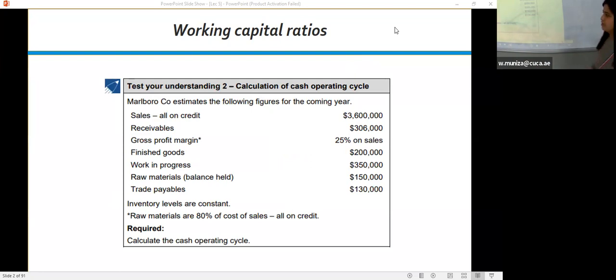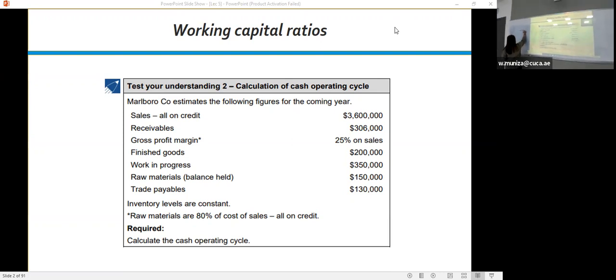Now, in our last lecture, we discussed the calculation of the operating cycle. Do you remember? So how do we calculate the cash operating cycle? There is a formula for that. If we have receivables, we calculate the receivables collection period.